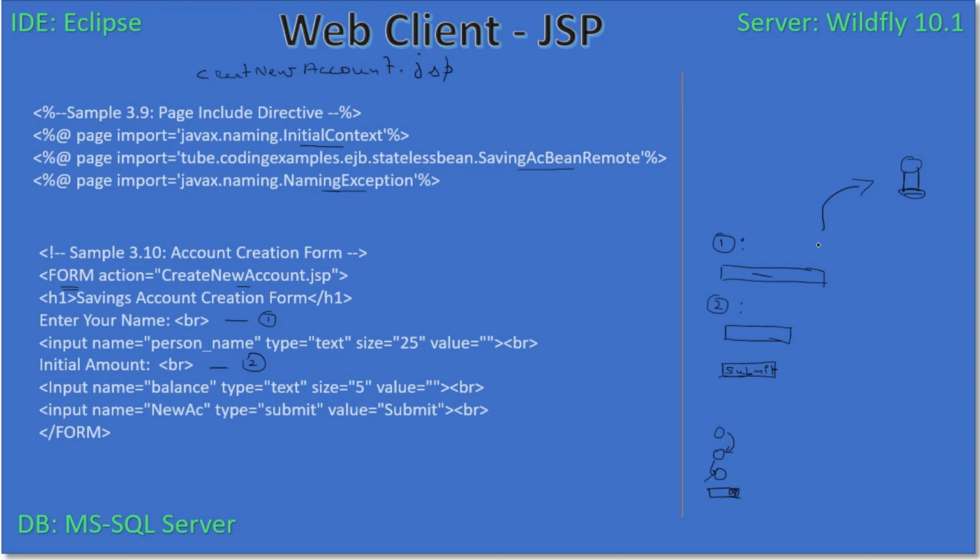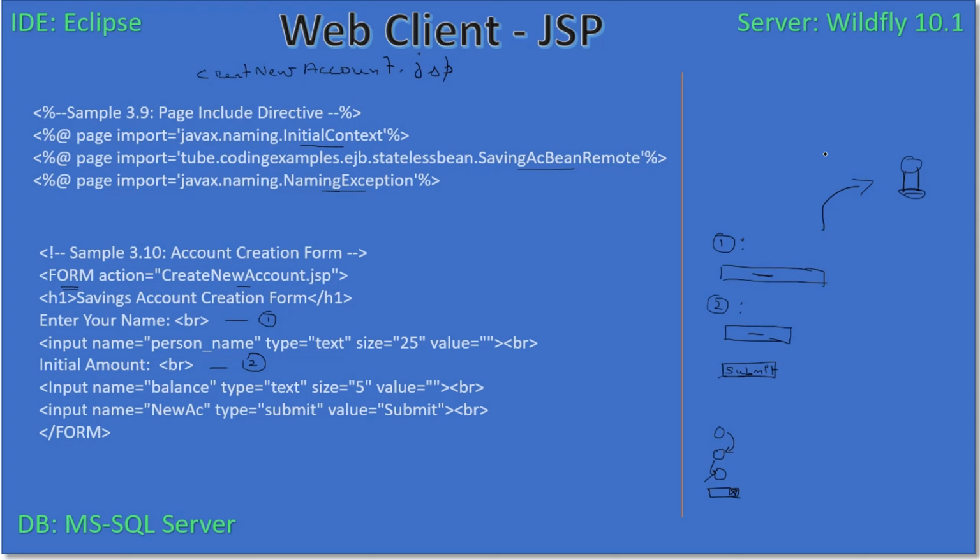We will access the remote bean, savings account bean remote, and to that bean we will supply these two pieces of information. Here the user is supplying the name and initial amount. We will take these two values, and when we are calling the remote method, we will supply this information.